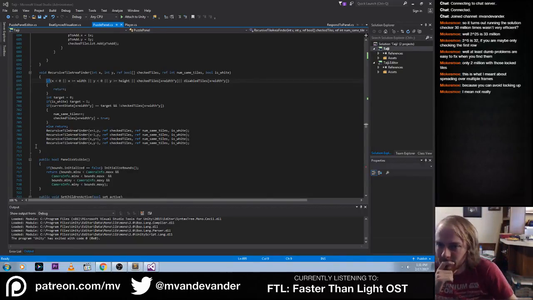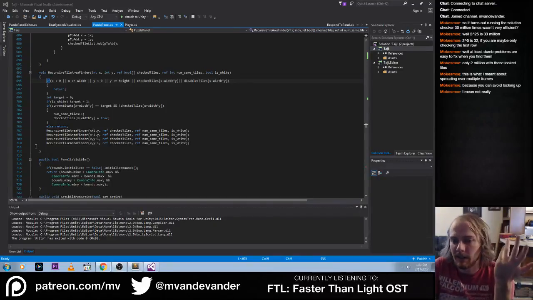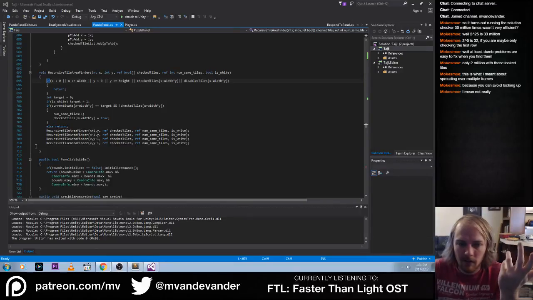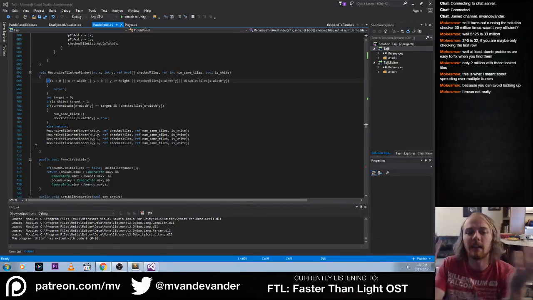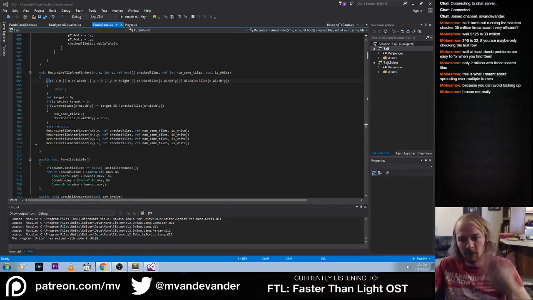So my only guess was that it had to do with the garbage collector getting triggered, because the bigger the panel is, the more garbage would get generated, right?